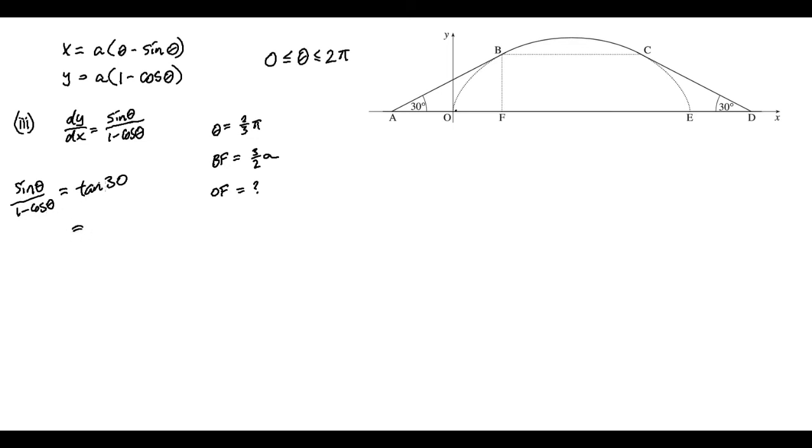And so because tangent of 30 is 1 over root 3 from our special angles, or if you do root 3 by 3, then you need to irrationalize it, which doesn't make any sense, but anyway, you get the expression sine theta over 1 minus cos theta, and you multiply both sides by 1 minus cos theta, and you get the expression they want.